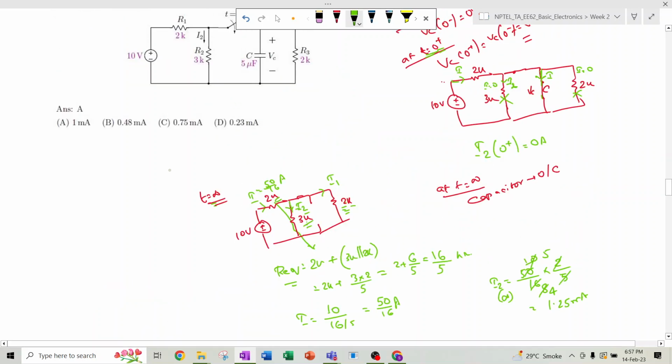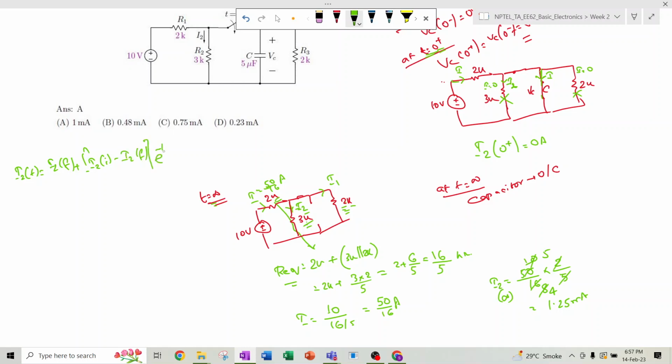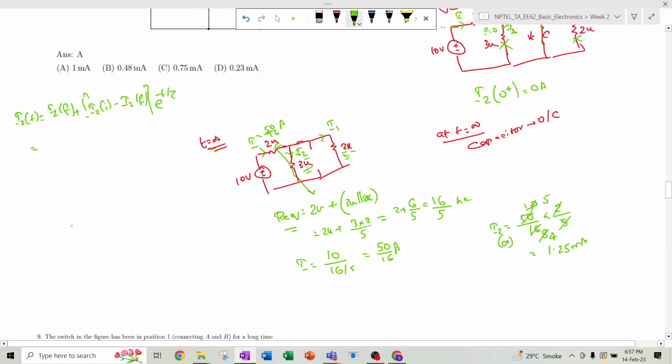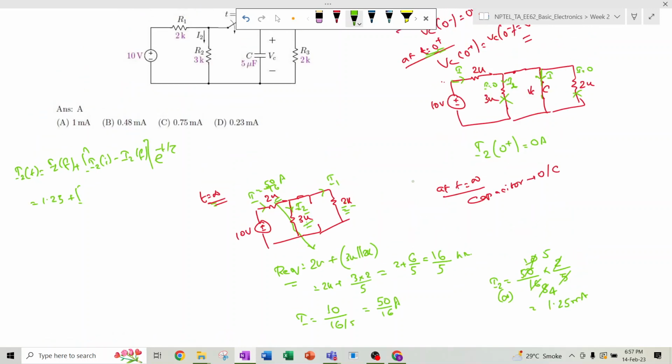As I have already discussed, the I2 at any point of time is nothing but I2 final value plus (I2 initial value minus I2 final value) into e to the power minus t by tau. So I2 final value is 1.25, and the initial value is 0 ampere when t equal to 0 plus.